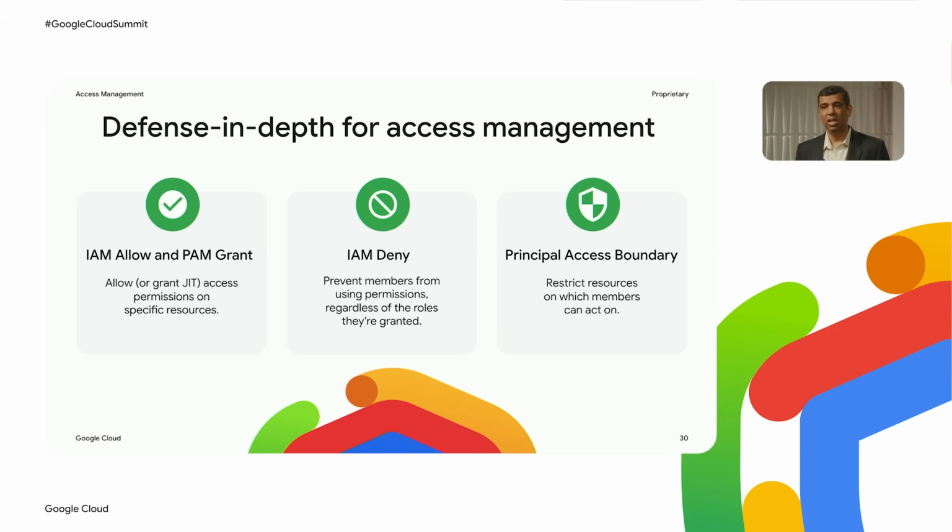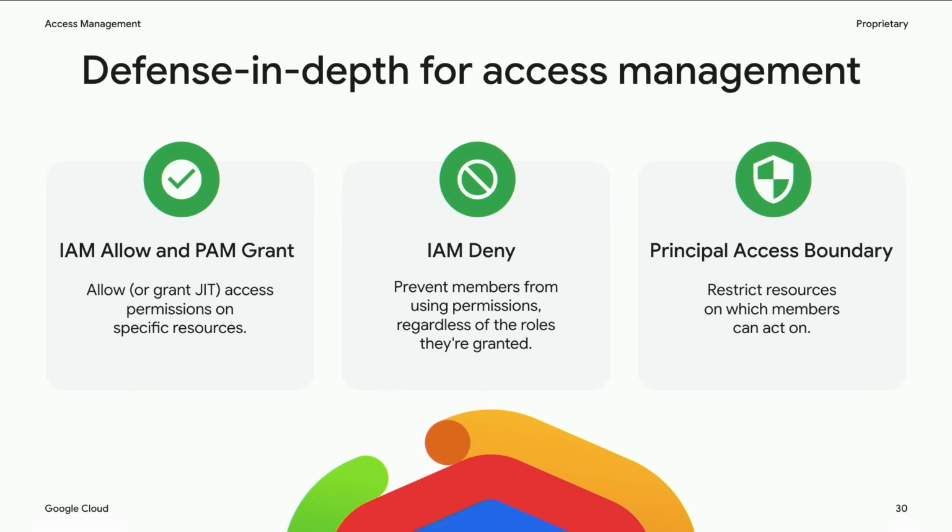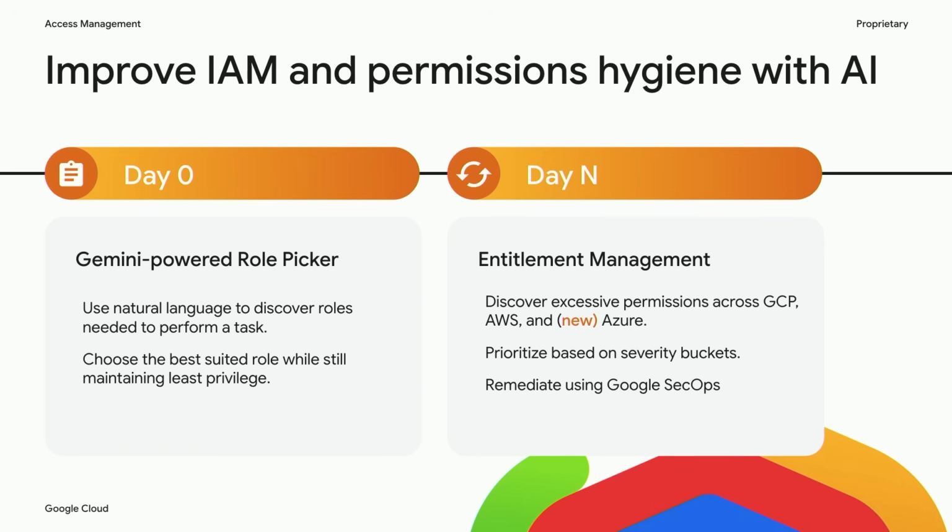And last but not the least, with Principal Access Boundary, you can draw a boundary around the resources that your identities can access, meaning your identities cannot access anything that goes beyond this access boundary. Together, these policies help you build a strong posture for your resources.